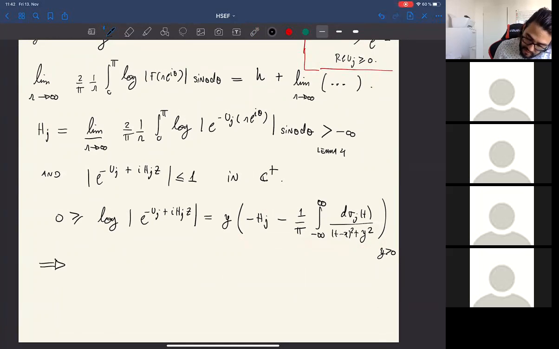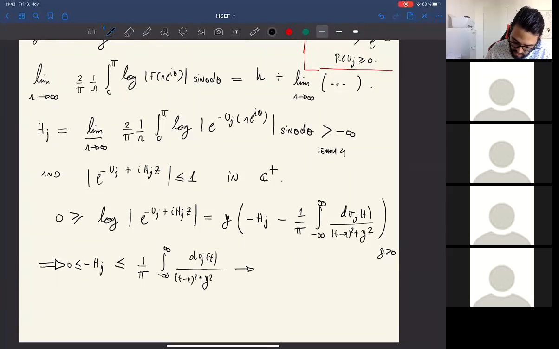So minus h_j, which is positive by the way, is less or equal than 1 over pi, integral from 0 to minus infinity, d sigma_j(t) divided by (t minus x) squared. And then this goes to 0 if y goes to plus infinity. So h_j is 0.